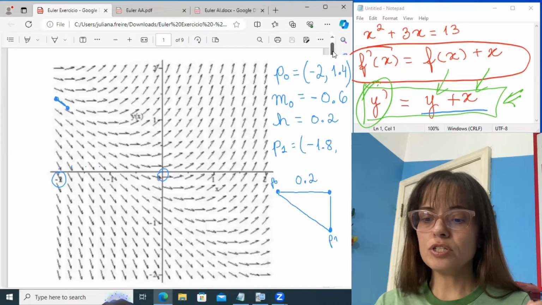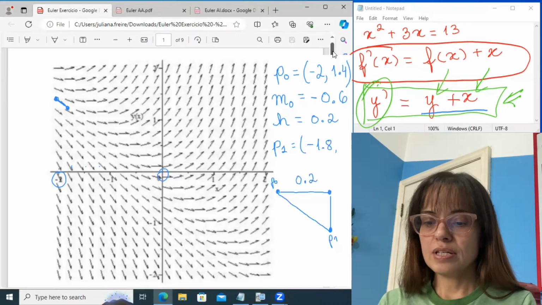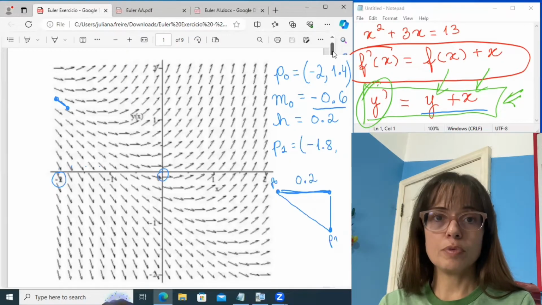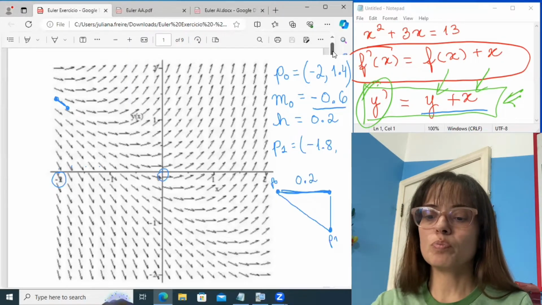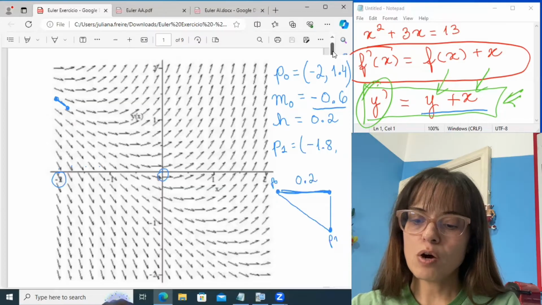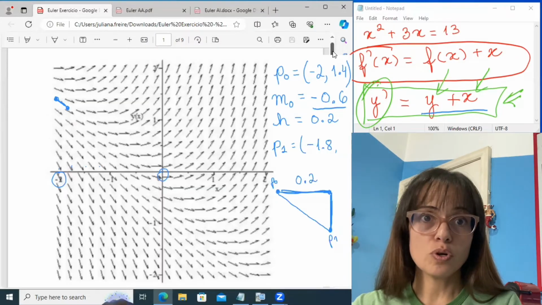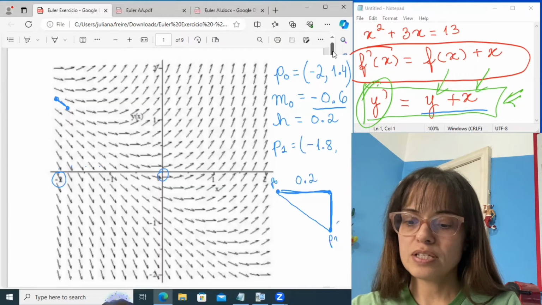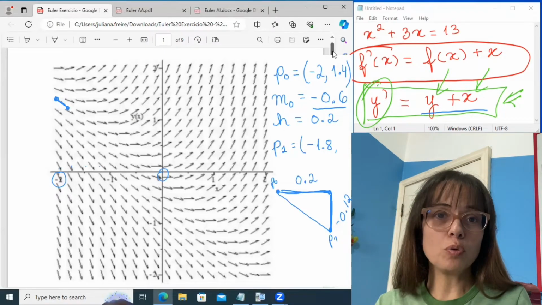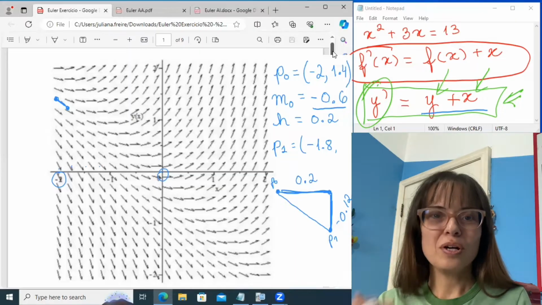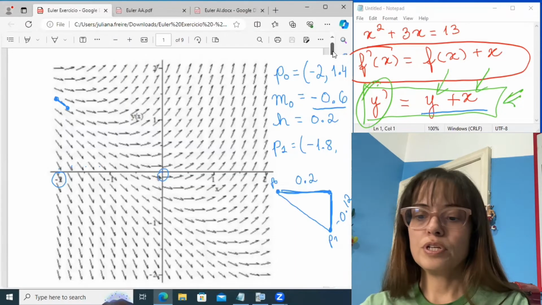And now I need to use this length together with the slope of this line segment, which in this case is -0.6, to figure out how much the vertical coordinates have changed. And in this case, it is -0.12. Well, slope equals rise over run. So rise equals slope times run. That's all I'm doing here.